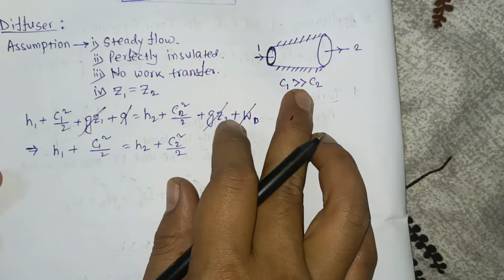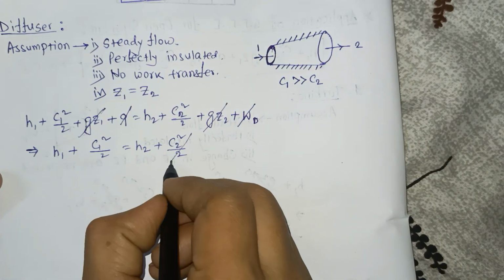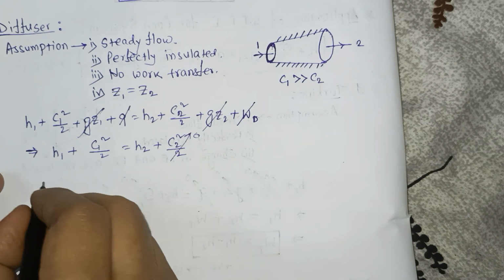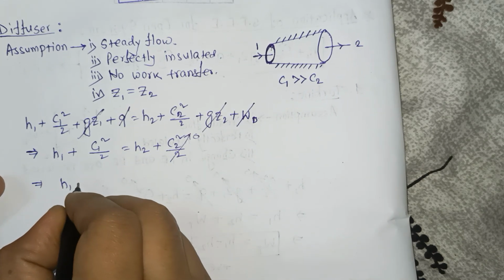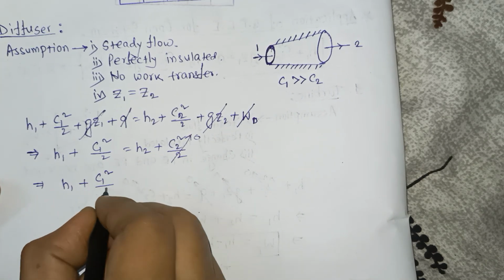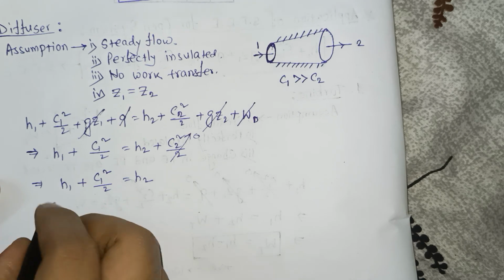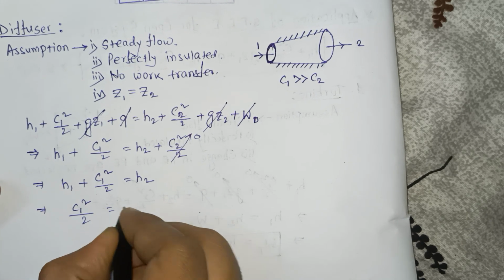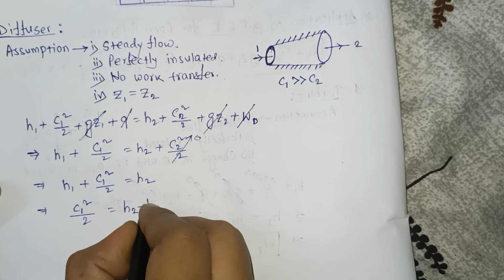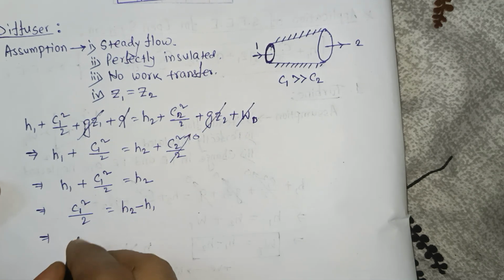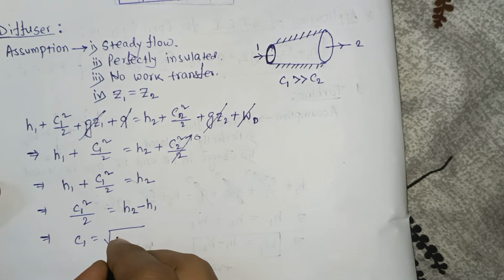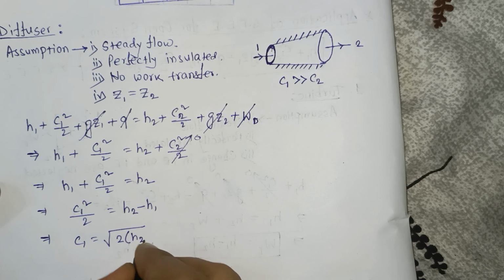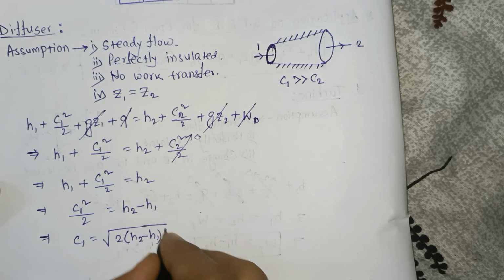Here C1 is greater than C2, so that's why this is neglected. So you can say that H1 plus C1 square by 2 is equal to H2. So from here C1 square by 2 is equal to H2 minus H1. From here C1 equals under root 2 into (H2 minus H1).